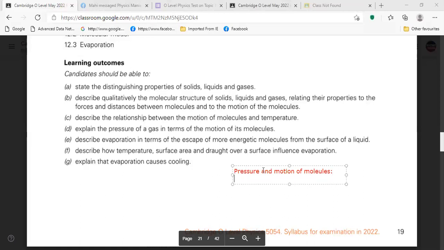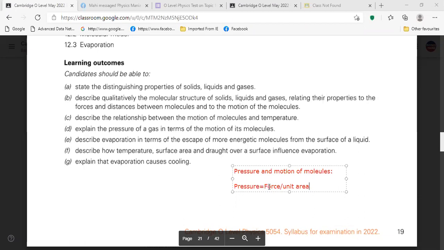So you write here: pressure equals force per unit area.